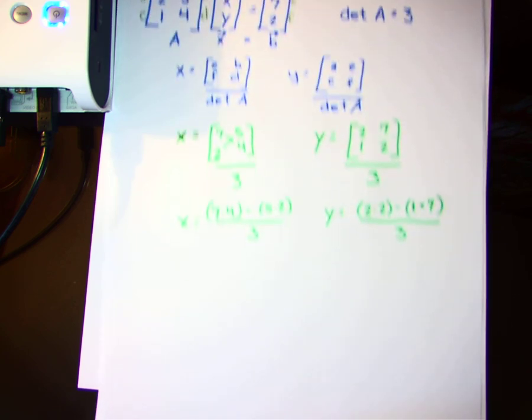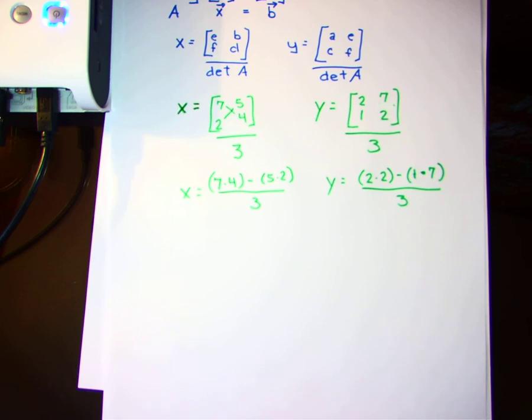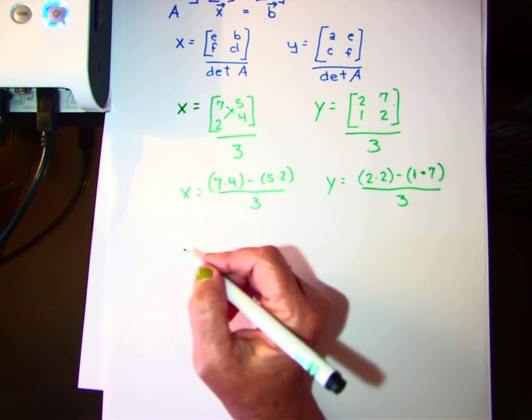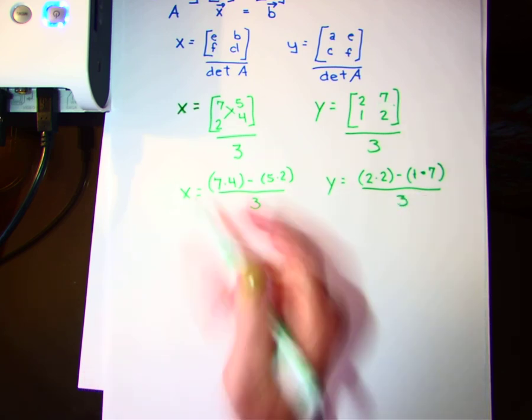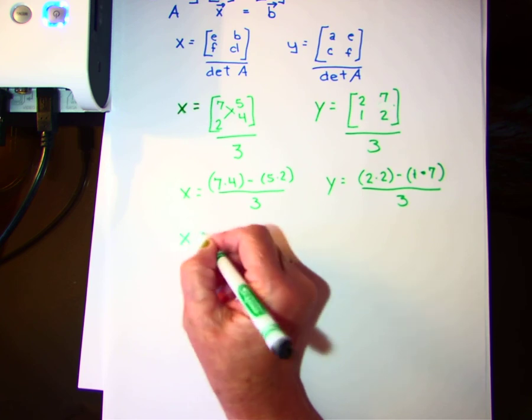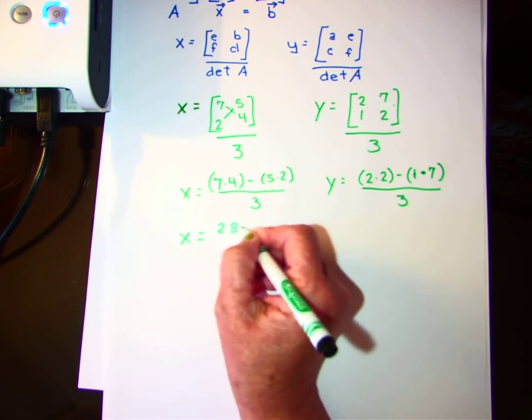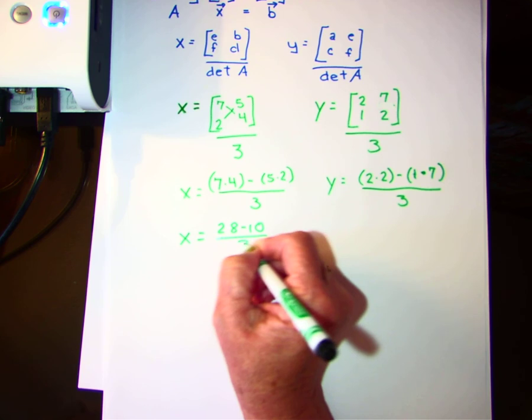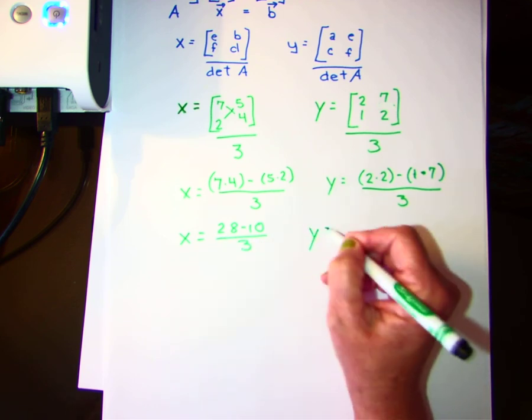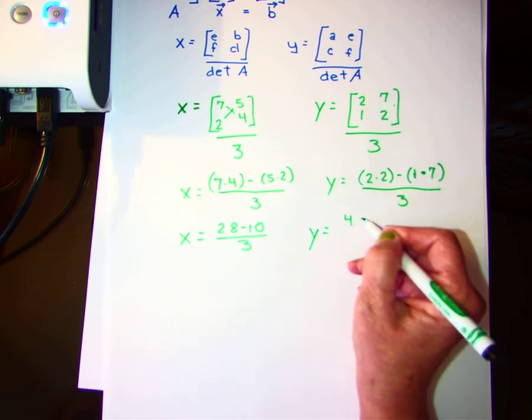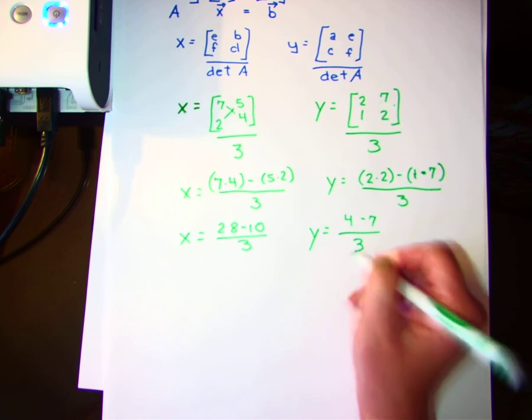Now this seems really long-winded, but it's actually a very quick way to determine a solution. So now our x is equal to 28 minus 10 divided by 3. Our y is equal to 4 minus 7 divided by 3.